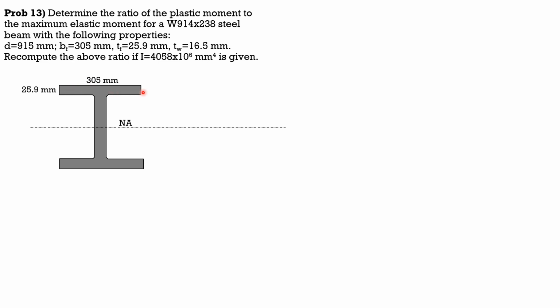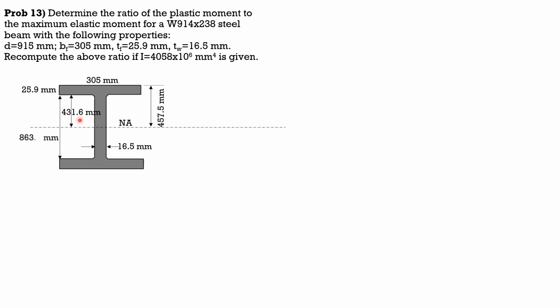The outer fibers will be subjected to maximum stress, in this case sigma y. So that's 16.5 thickness of web, thickness of flange, then the overall depth 915. So half of 915 is 457.5 mm, and this distance is 457.5 minus 25.9, so 41.6.